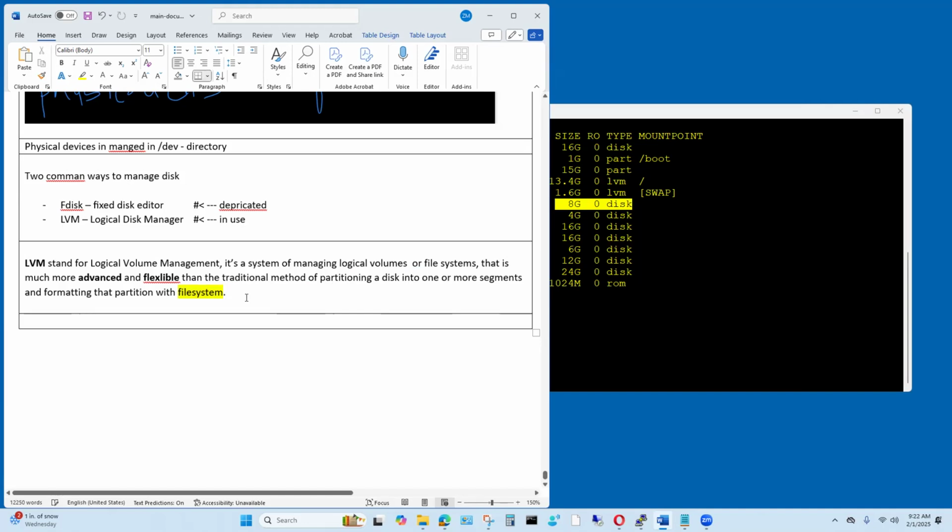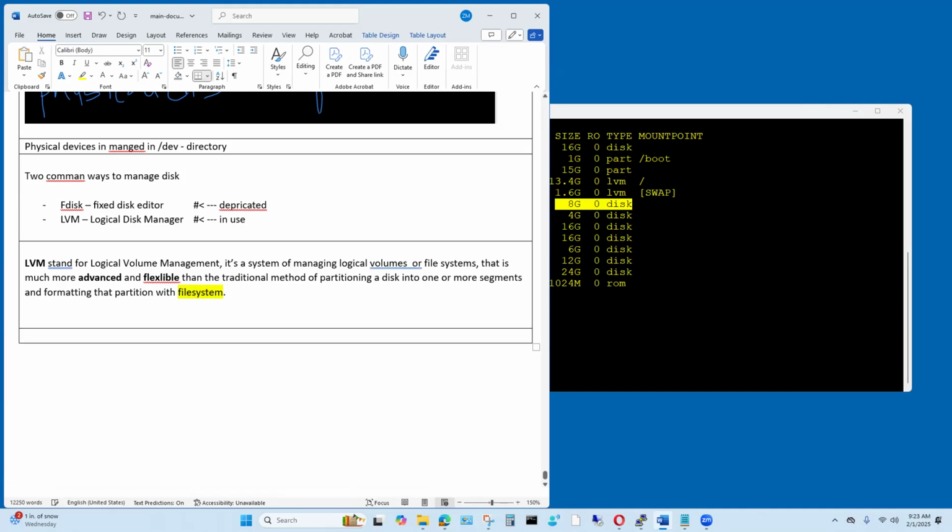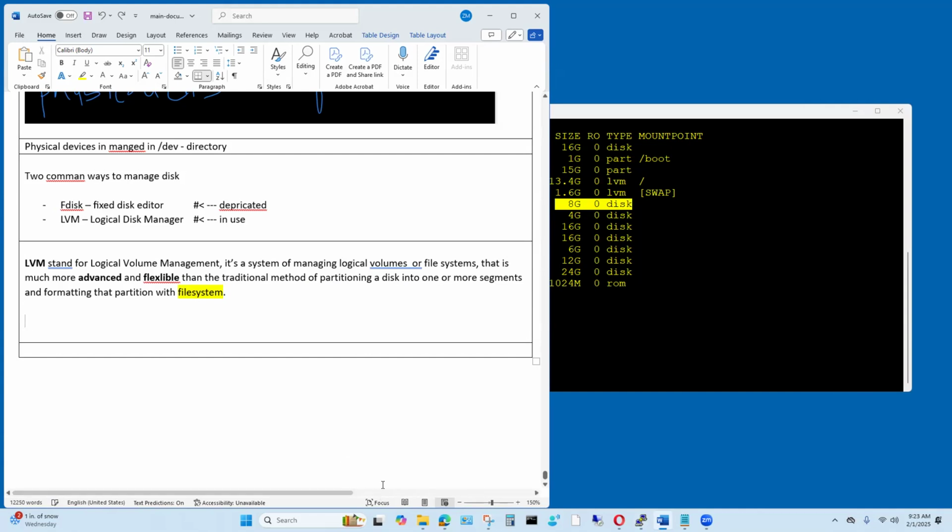If you have a room, what kind of flooring could you have? You could have either wood or carpet, two common ones. This is what the file system is: what kind of file system you have for the disk.